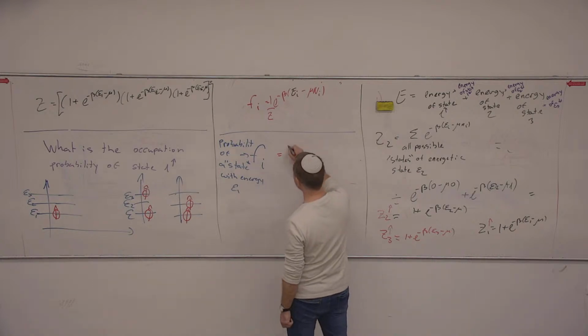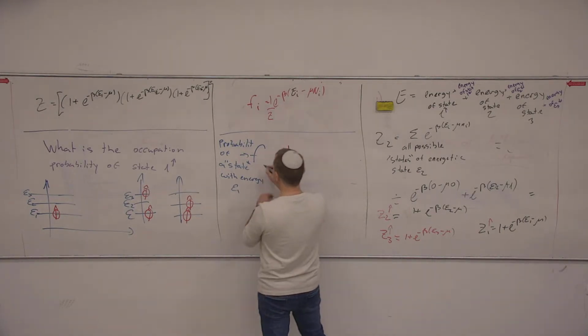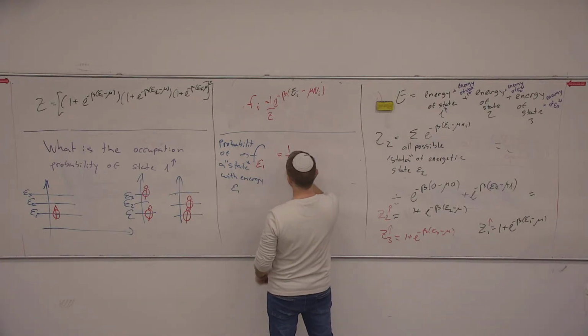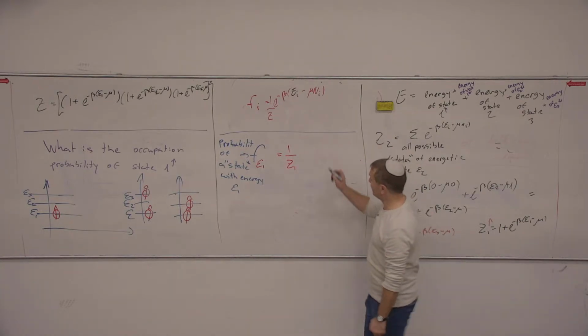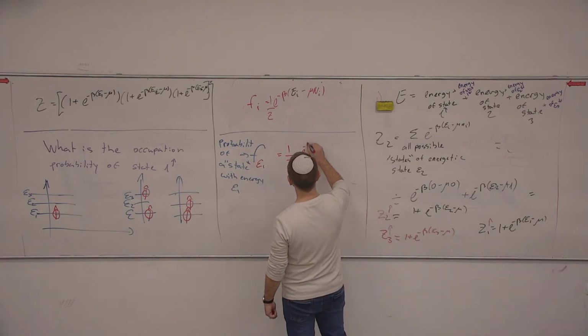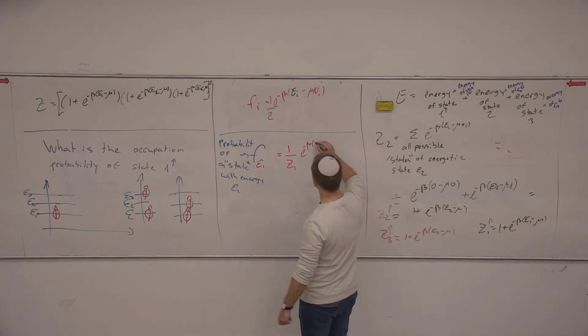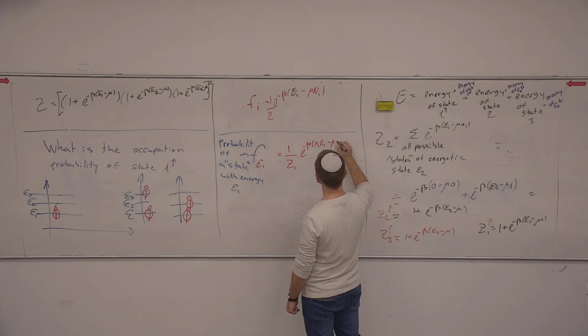It is 1 over Z1, e to the power minus beta, and let's write it in the following sense: N1 epsilon 1 minus mu N1.